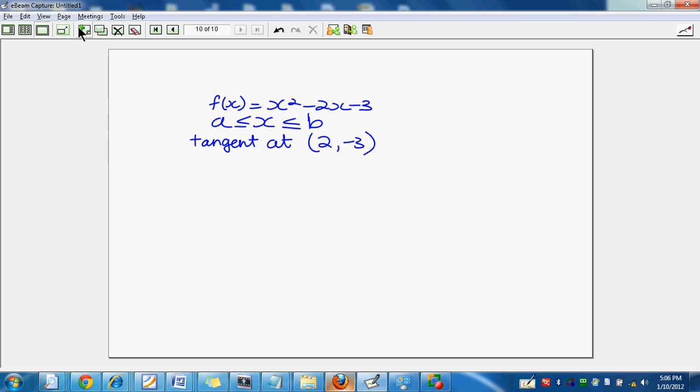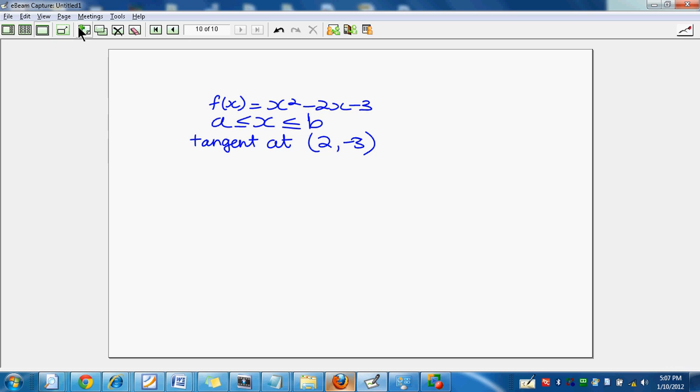Use the graph to determine: A. Values of A and B which define the domain of the graph.